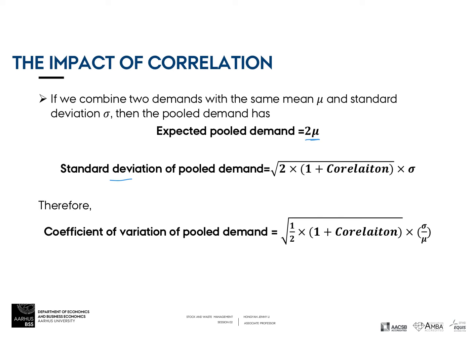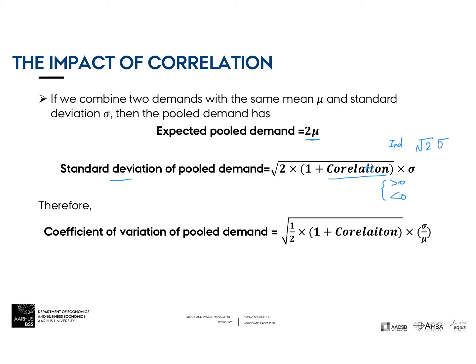Previously, with two independent items, the standard deviation is the square root of 2 times sigma. So now you will have a larger or smaller standard deviation, depending on whether your correlation is greater than 0 or less than 0.